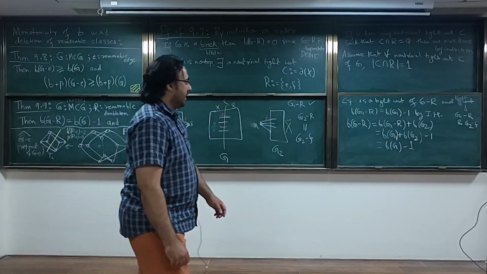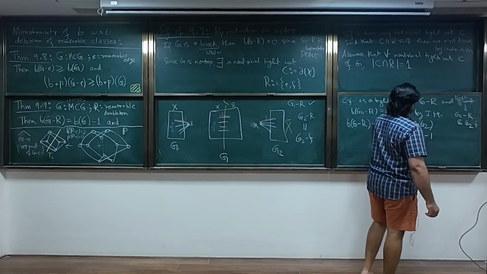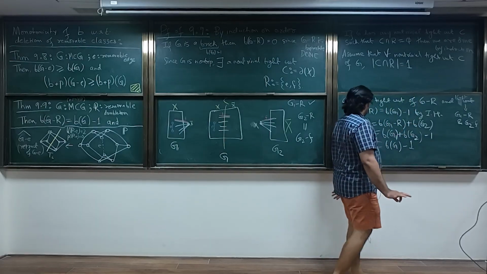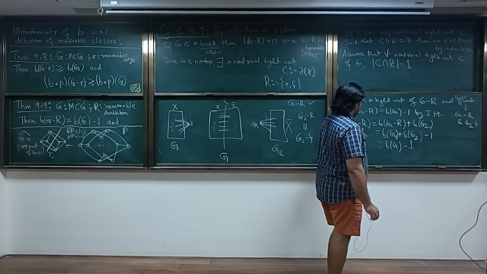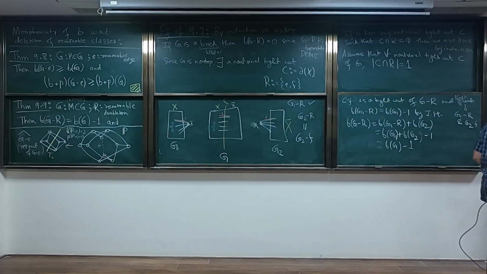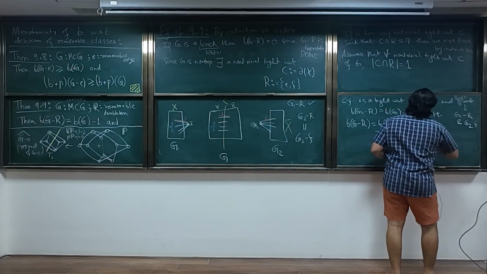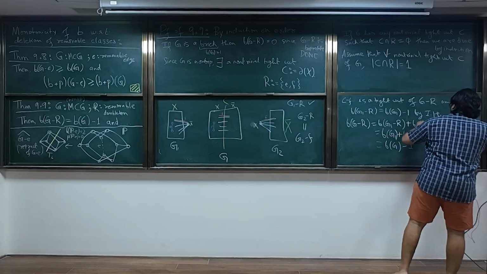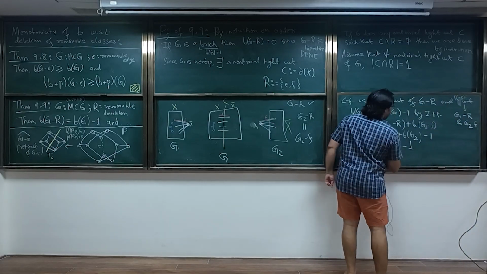Yeah, we know that B of G1 minus R is equal to B of G1 minus 1 by induction hypothesis. That is fine. And B of G minus R is equal to B of G1 minus R plus B of G2 minus F. Right?